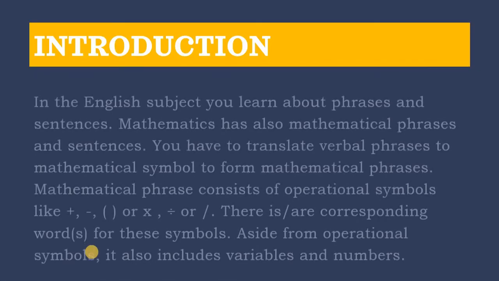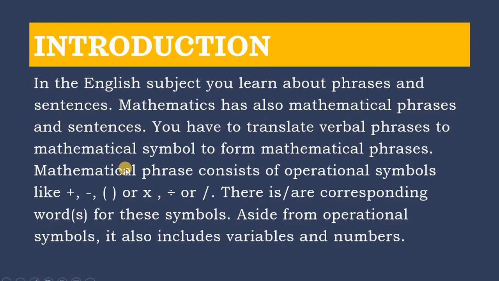So for our introduction, in the English subject, you learn about phrases and sentences. Mathematics has also mathematical phrases and sentences. You have to translate verbal phrases to mathematical symbols to form mathematical phrases. A mathematical phrase consists of operational symbols like addition, subtraction, multiplication, and division.